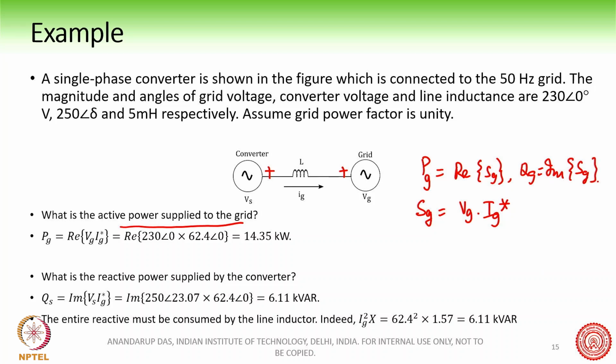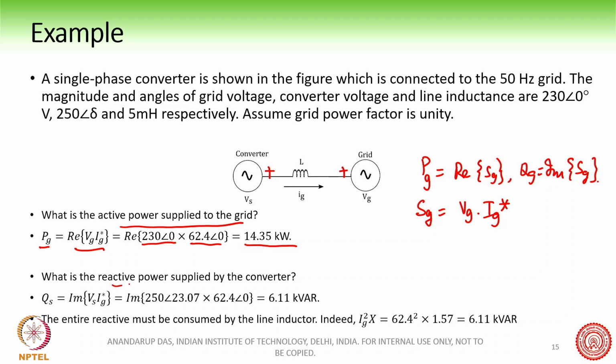So PG is the real part of VG IG star, and therefore we write 230 angle 0 and 62.4 angle 0 because they are at unity power factor, and so this will be equal to 14.35 kilowatt.